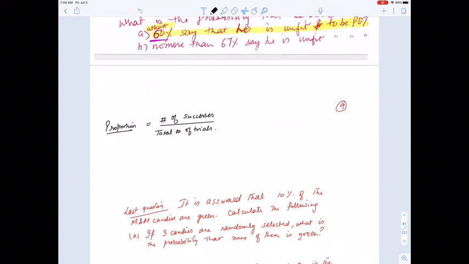This is how we would find the proportion of successes: the number of successes divided by the total number of trials, right?